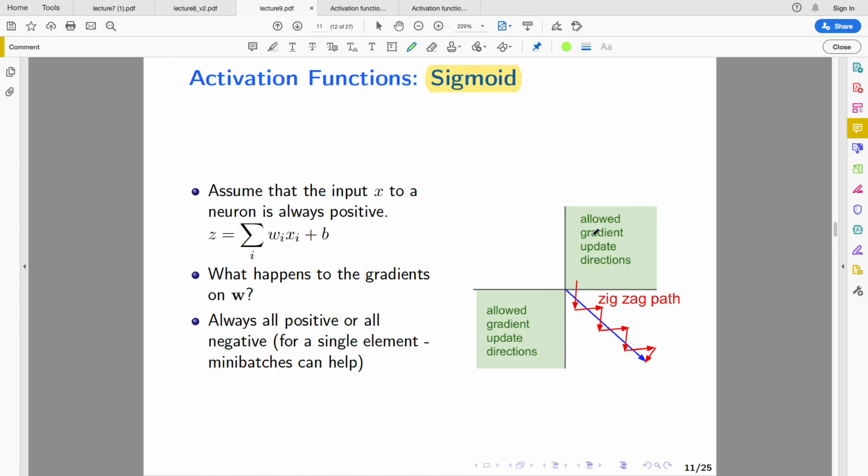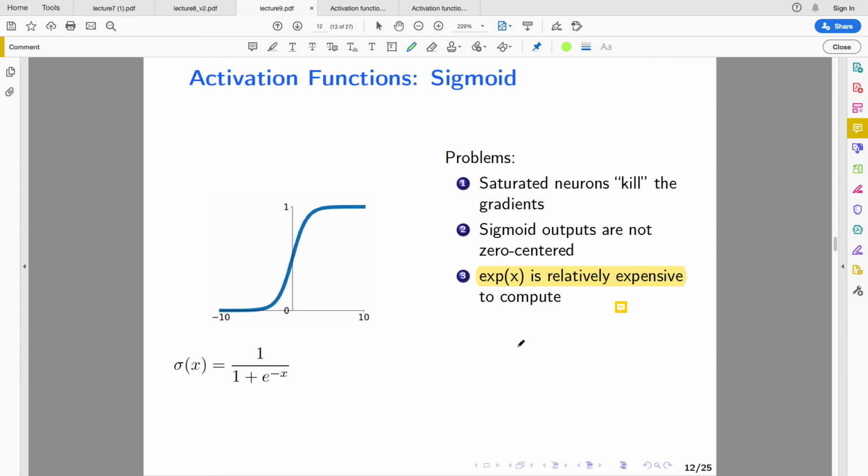So that's just to explain what we meant by the gradient that we mentioned before. You allow gradient updates in the directions we mentioned, and it's not centered.